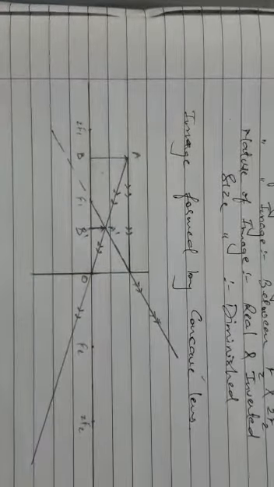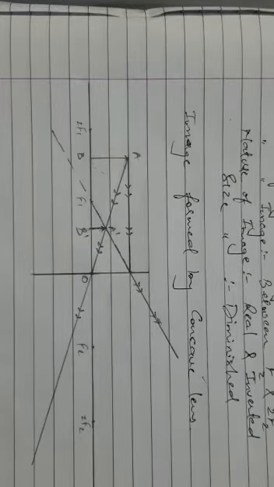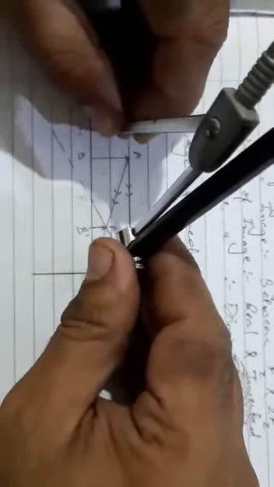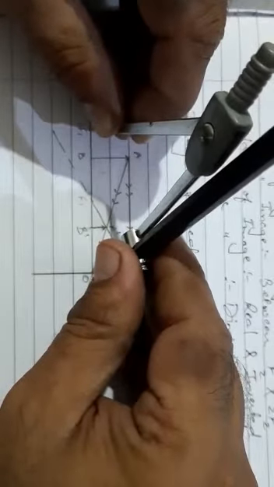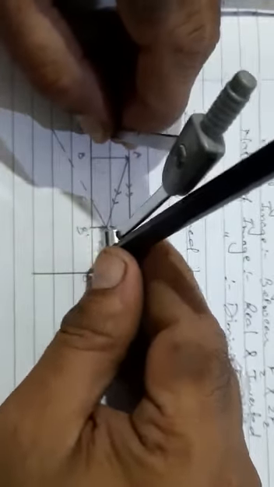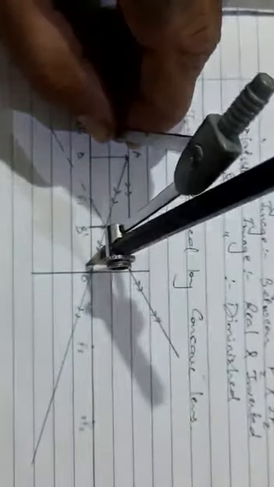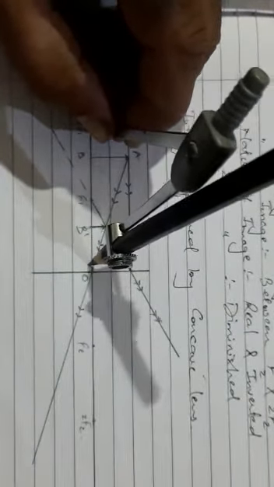Now to draw the lens, you do one thing. You don't keep it exactly at 2f, but make it slightly shorter this way. Make it slightly shorter from 2f, you are drawing again from 2f only.